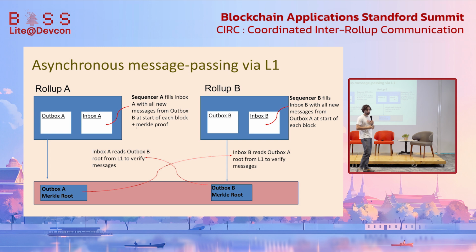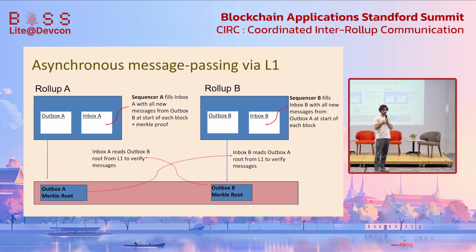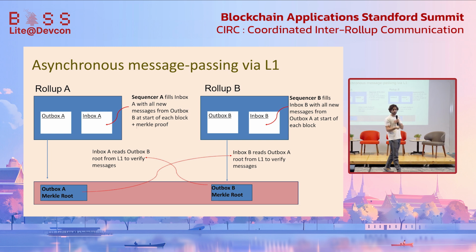How does the simplest form of message passing work for rollups deployed on top of the same layer 1? Well, it would work as follows. There are many different ways to implement this, and they're all doing some form of this. Rollups have a mailbox, an inbox and an outbox.